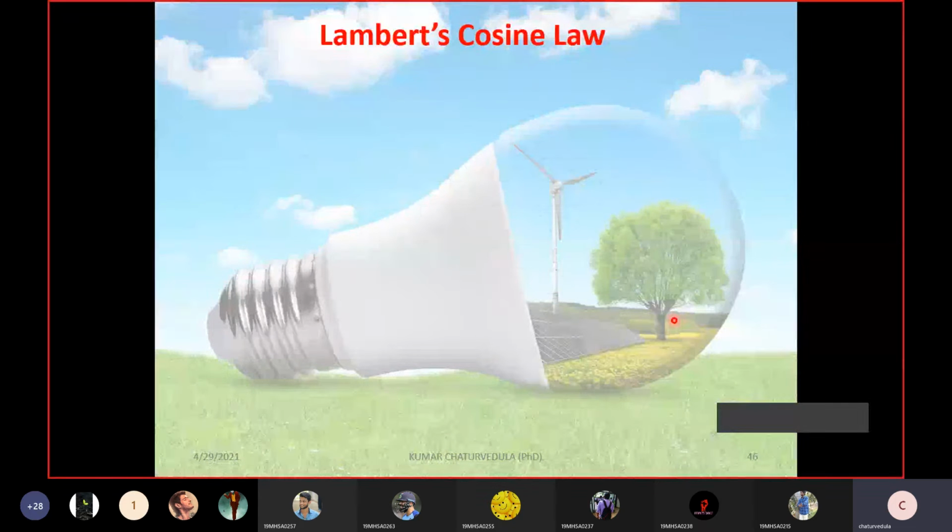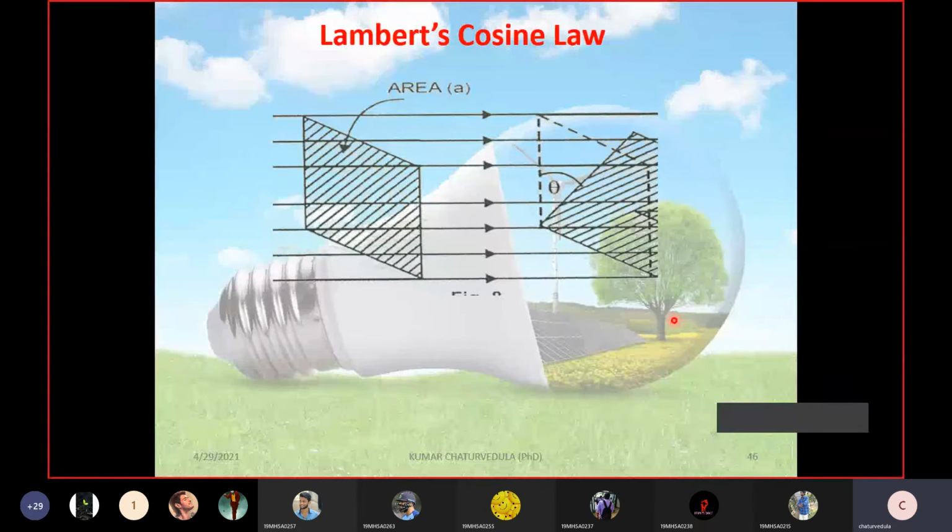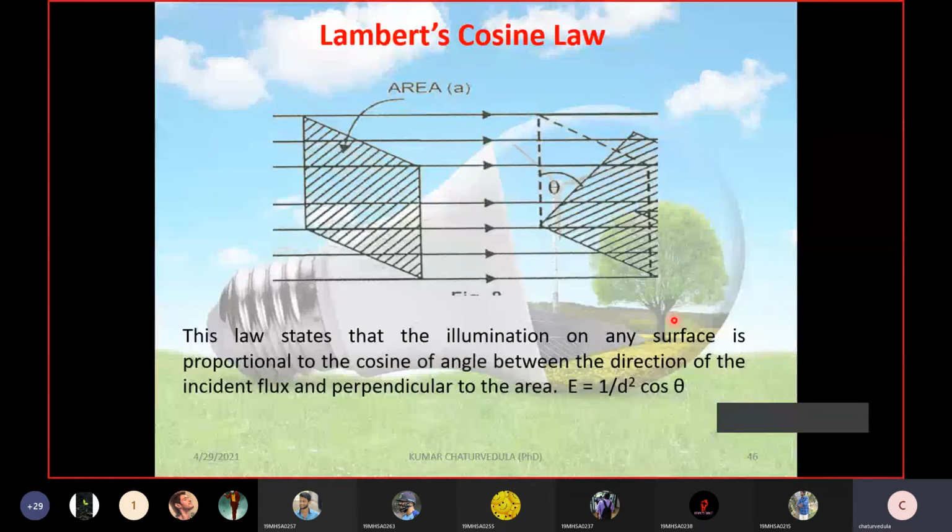Then comes Lambert's cosine law. In Lambert's cosine law, we are going to represent in terms of the cosine of the angle. Illumination on any surface is proportional to the cosine of the angle between the direction of incident flux and the perpendicular to the area.